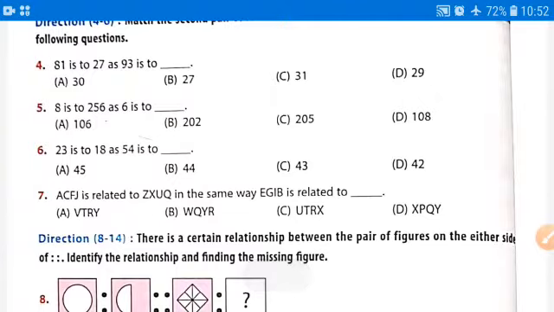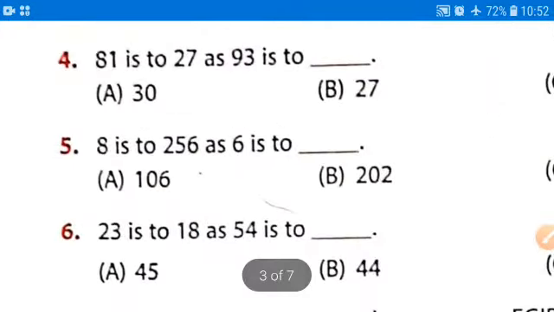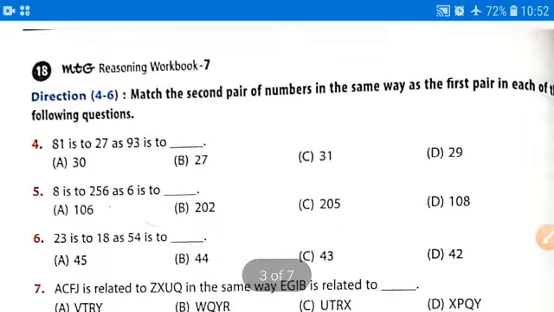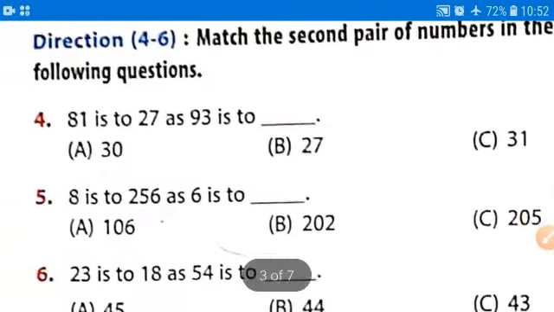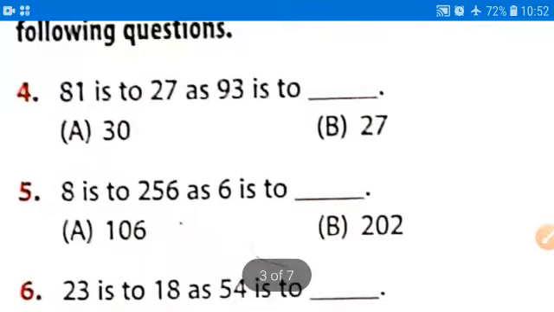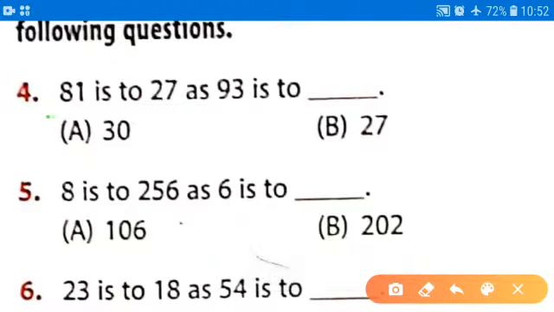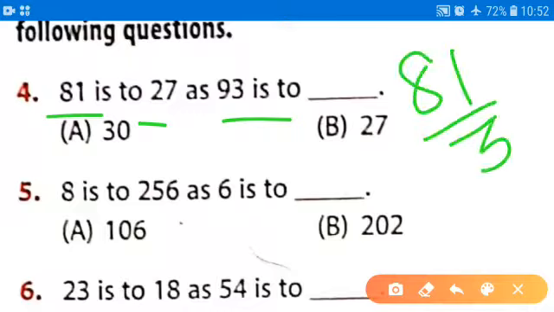Now moving further to question number 4, this is the analogy of numbers. 81 is to 27 as 93 is to what? If you divide 81 by 3, you will get 27.